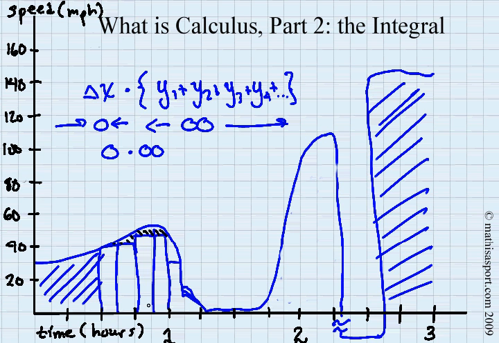And so we're going to give this area under the curve a name. We're going to call it an integral. And that's the second key piece of calculus.